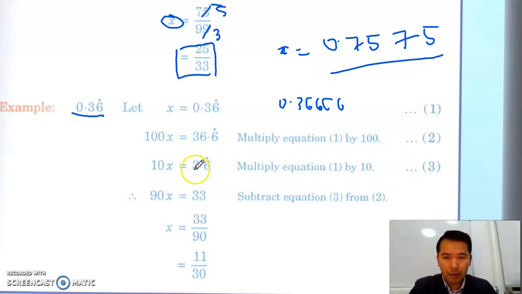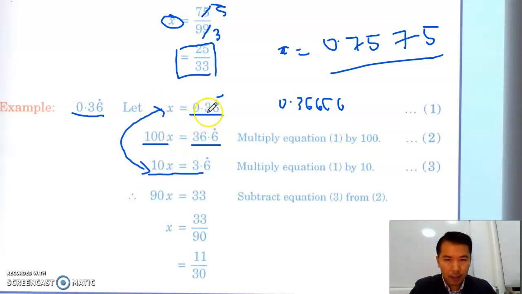In this scenario, you need to make sure, because this is one repeating unit, you times by 100. So when you times by 100, you get this, right? But you're only interested in this repeating number, so you want to make sure that this becomes this.